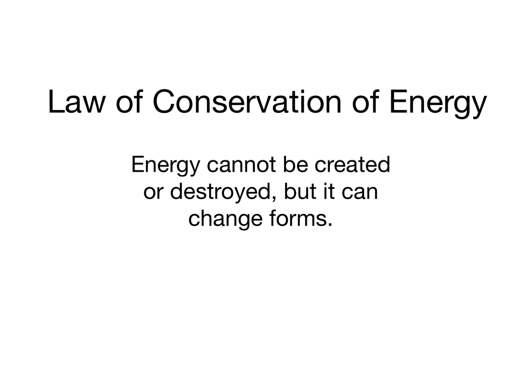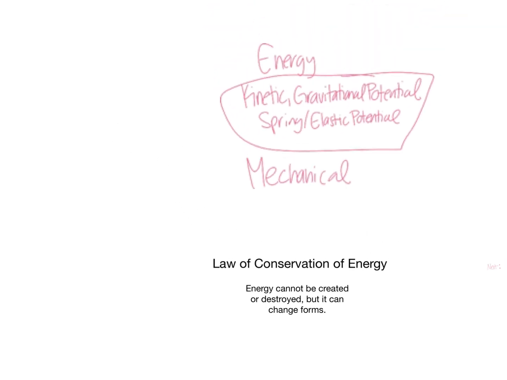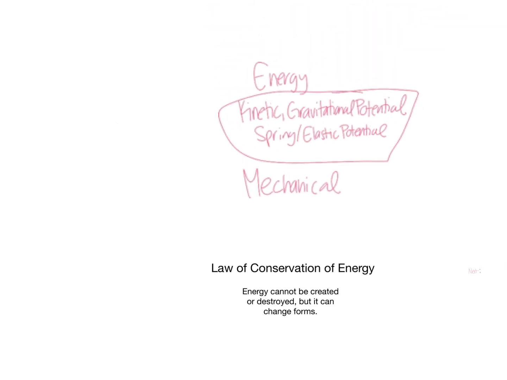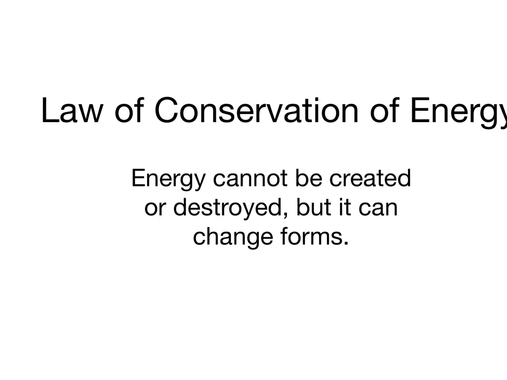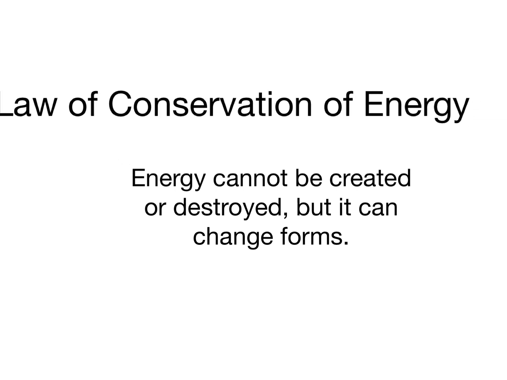So in another video, we're going to learn about how mechanical energy can include all of those things that we've done: kinetic, gravitational, spring, elastic, and even one more we haven't talked about in work, and how they go between different forms and how you can use your equations to help find a piece of another one you think might be missing. So we'll talk about that in another video.